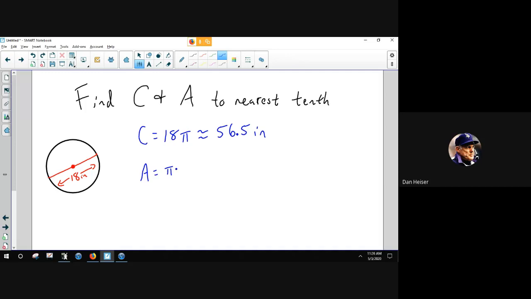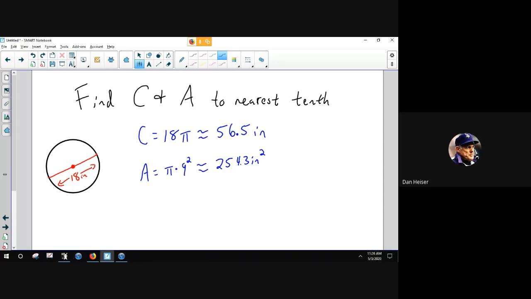Pi times the radius squared. If the diameter is 18, the radius is 9. So this is 81 times pi, 81 times 3.14. And this will get the square inches unit since it's an area.